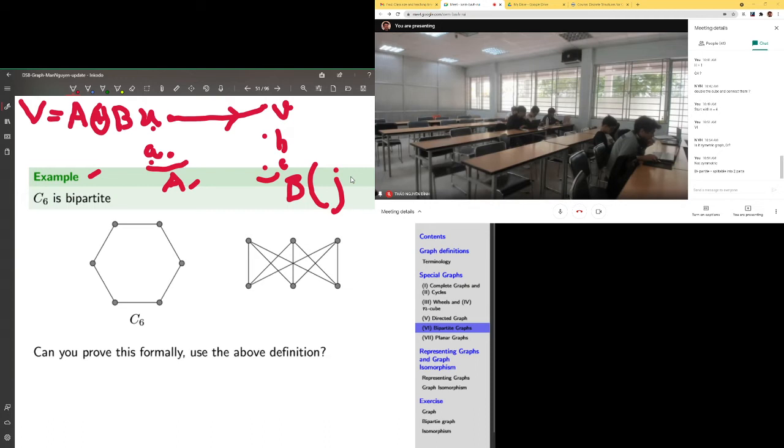And define capital A to be the set of students. So the bipartite graph is very interesting because it can capture the more complex case where the vertices consist of two different kinds of vertices. You see?